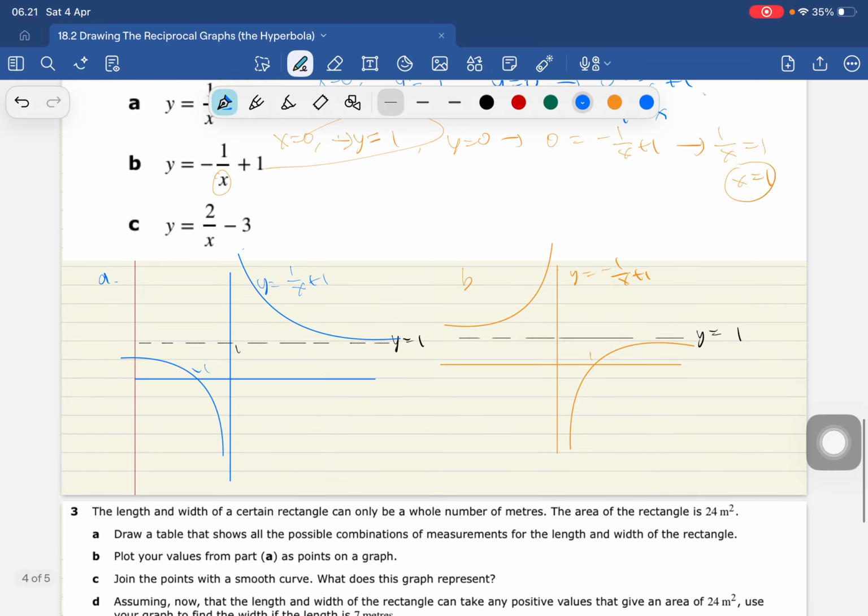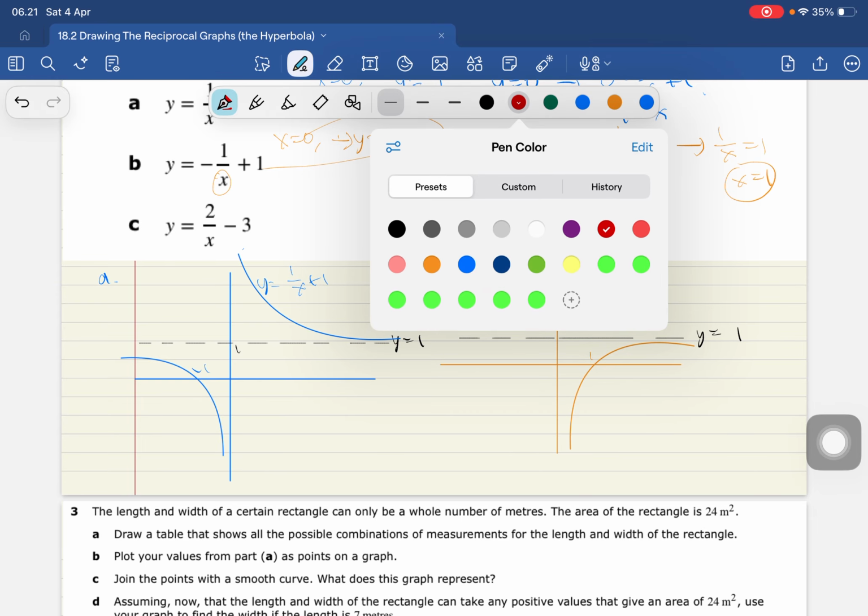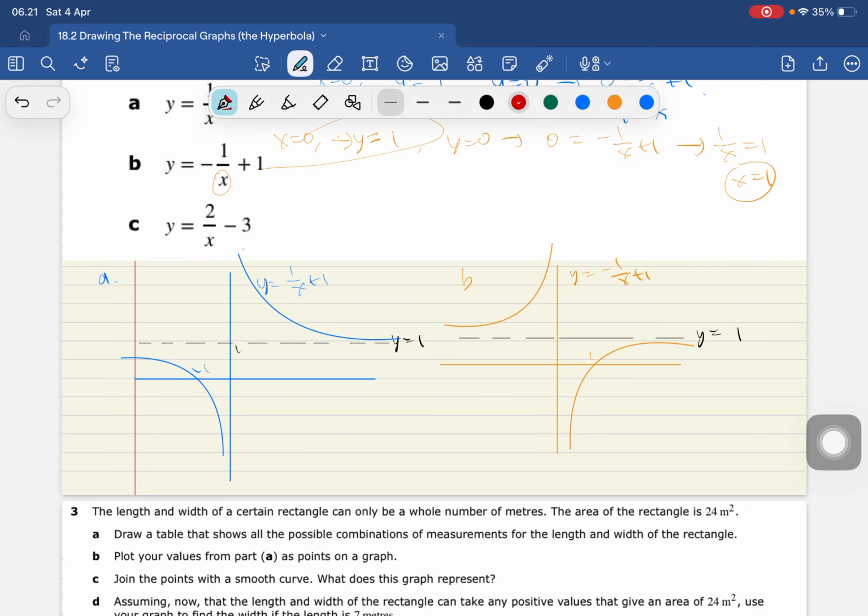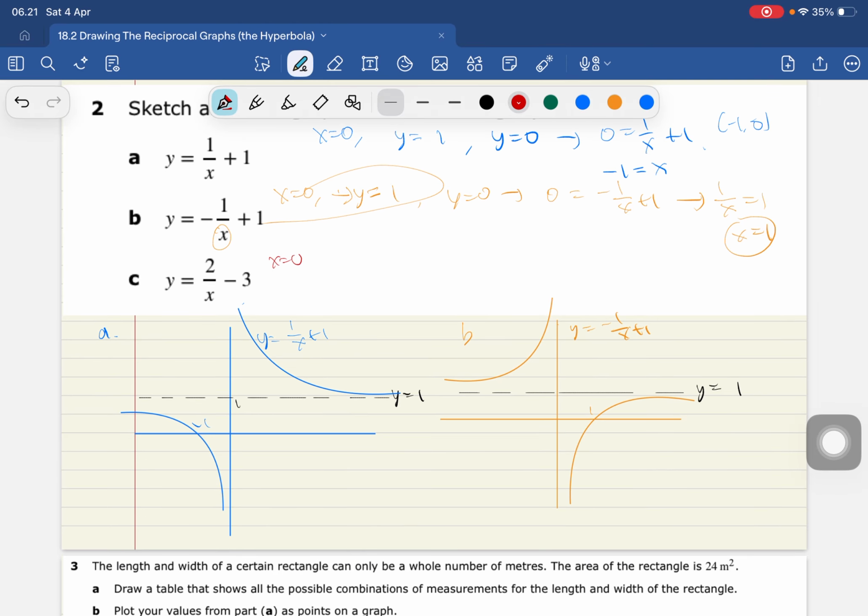Okay, one more graph. To get this positive, we will use quadrant 1 and 2. So let's find it when x equal to 0. So the asymptote line is going to be negative 3. So let's check it when y equal to 0. It's going to be 0 equal to 2 over x minus 3. So 3 equal to 2 over x, so 3x equal to 2, and then x equal to 2 over 3.